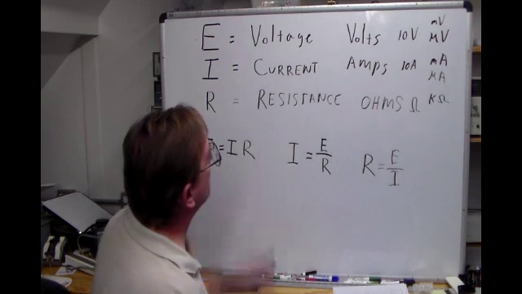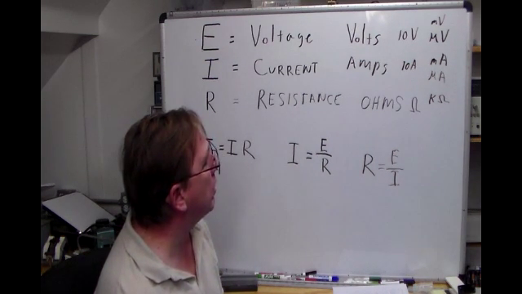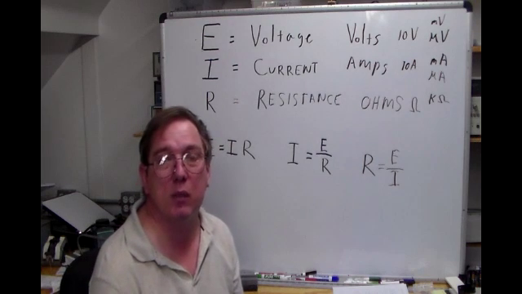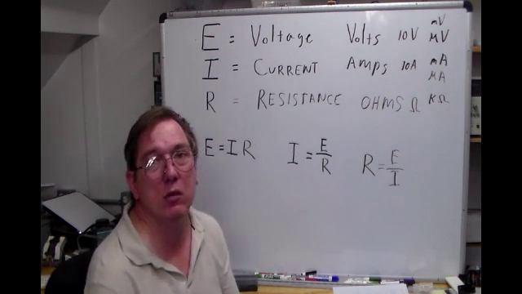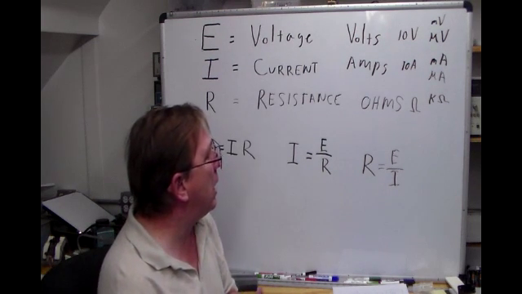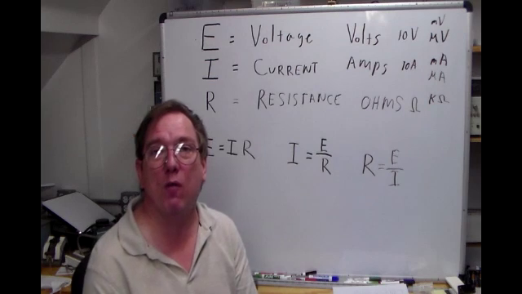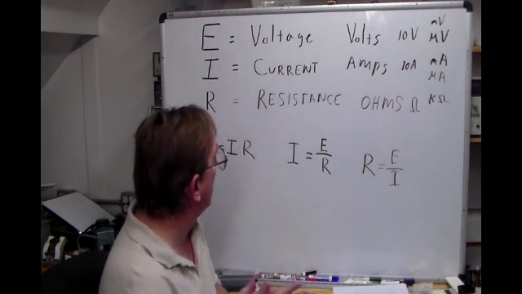And then the resistance, we're going to be talking in ohms, and we're going to talk in kiloohms. That's basically what you're going to be working at. We may actually do some experiments later on with megaohms. And I will do some with small fractions of ohms later on when we start talking about meters and stuff like that.